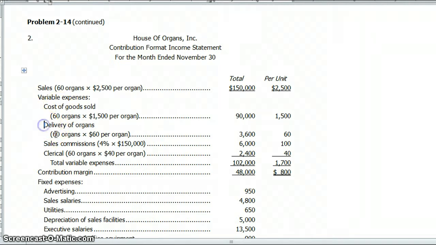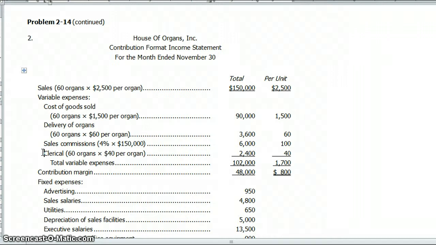Let me take a step back. The delivery cost in total is $3,600, 60 organs multiplied by $60 per organ. The only other variable cost that we have in the problem is the clerical costs. If you look in the administrative cost section, the only cost there that has a variable piece would be clerical.